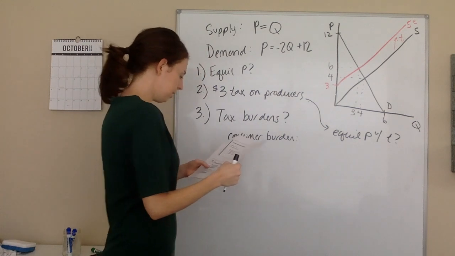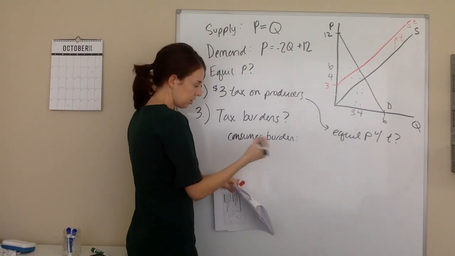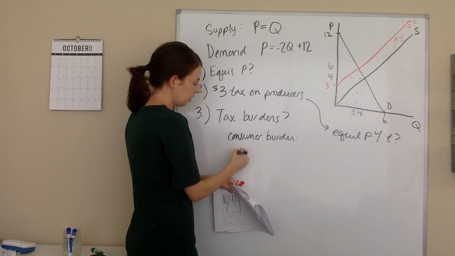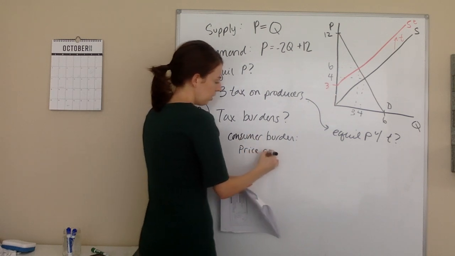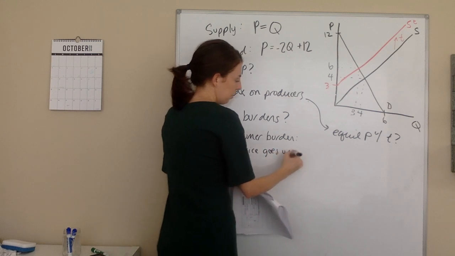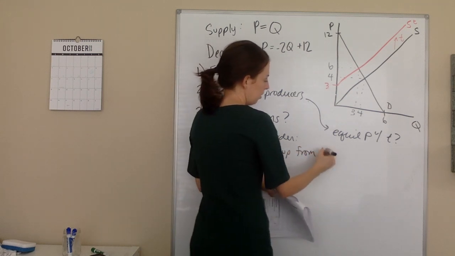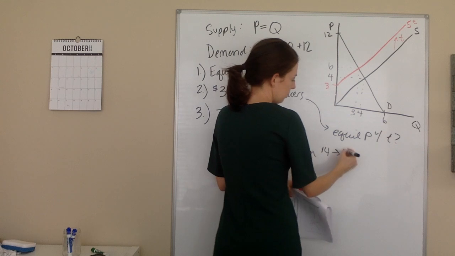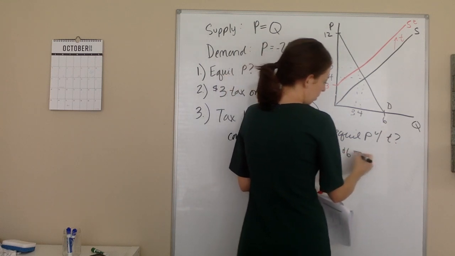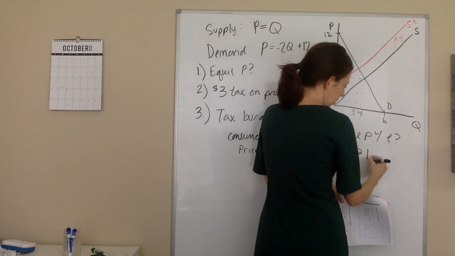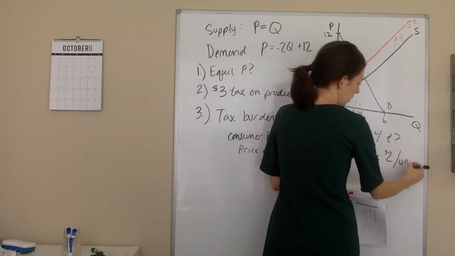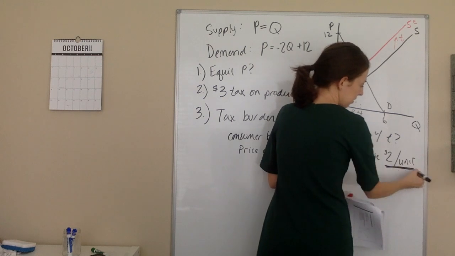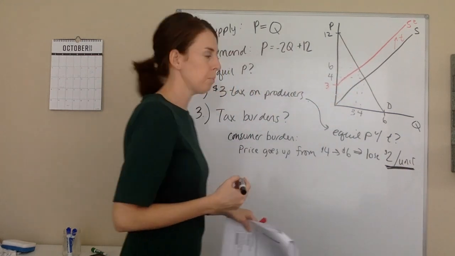To calculate the consumer burden, you think about it this way: the price goes up from $4 to $6, so they are going to lose $2 per unit. So this is their tax burden.